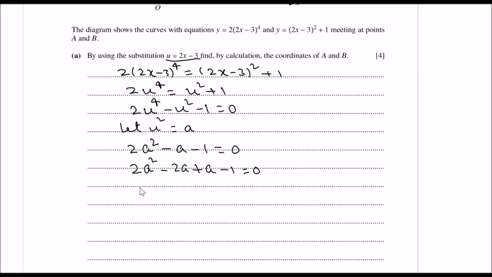So we get 2a times a minus 1 plus 1 into a minus 1 equal to 0. So we get 2a plus 1 times a minus 1 equal to 0.